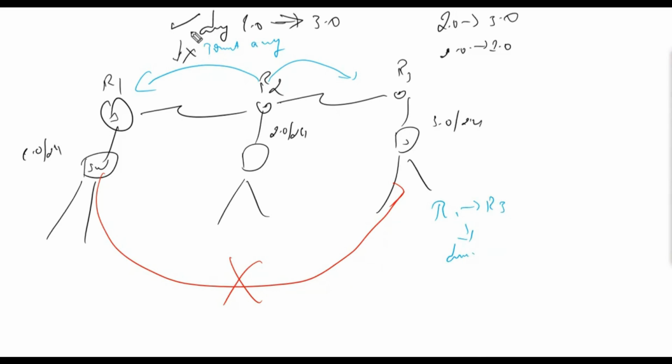But what happens if R2 wants to send to R1 and R3 wants to send to R2? I have to permit the remaining things, right? These things can only happen when you give permit, because whatever instruction you give, it is going to check that.